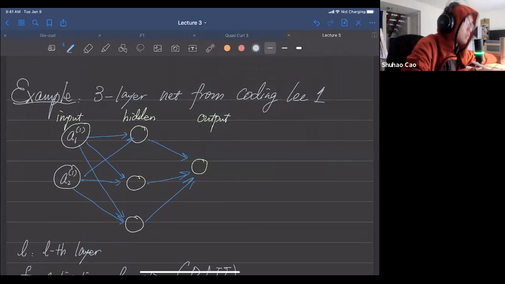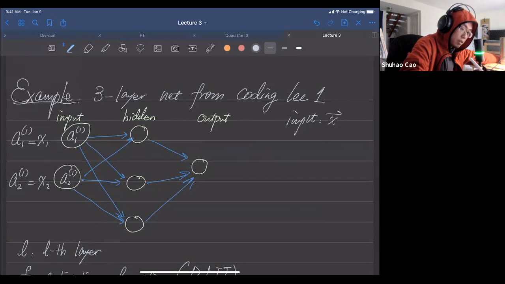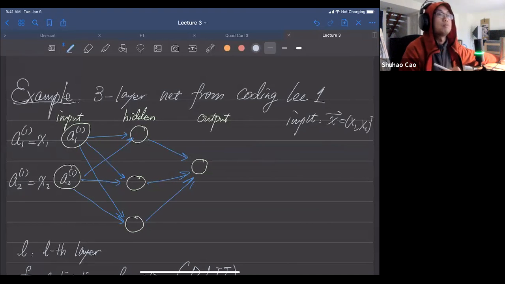By the way, I want to emphasize, this one is essentially the first component of the input, and this is the second component of the input. So our input is the X vector, which equals X1, X2 transpose, a column vector.